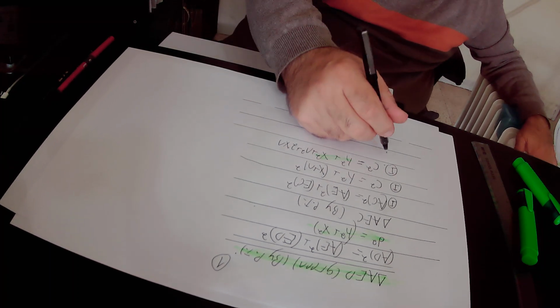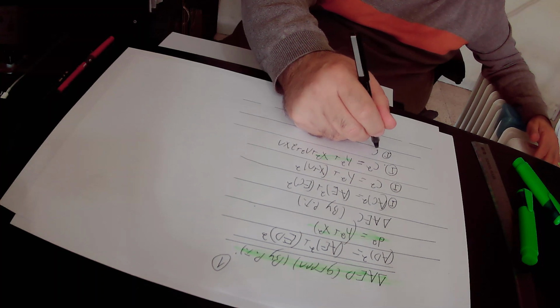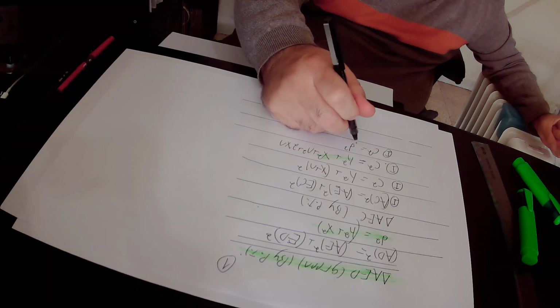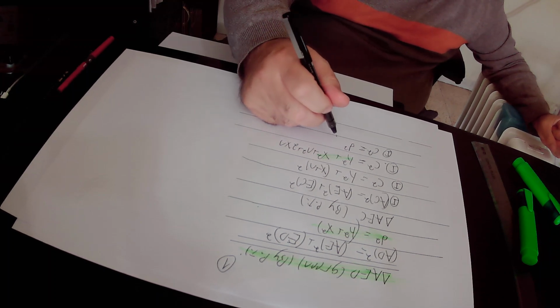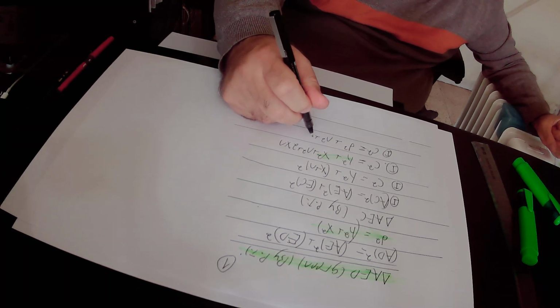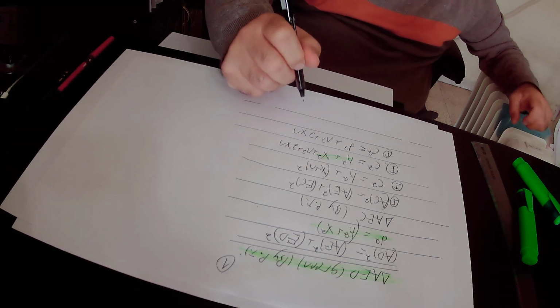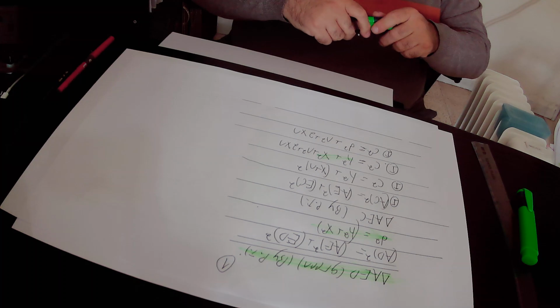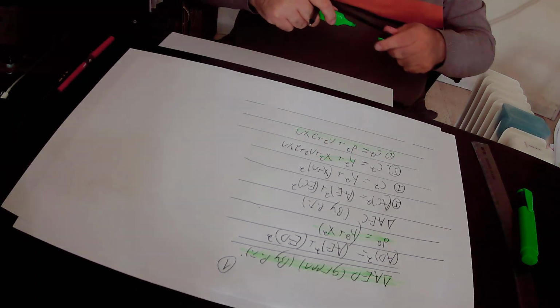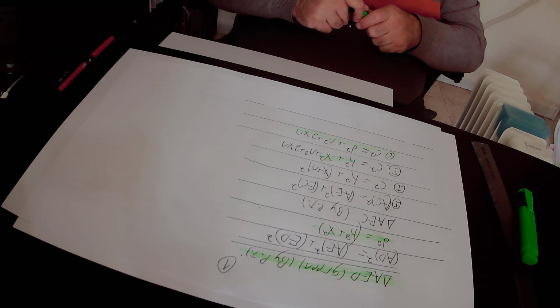So we do it now and we get that c squared equals d squared plus n squared plus 2 times xn. According to equation number 1, c squared equals d squared plus n squared plus 2 times xn.